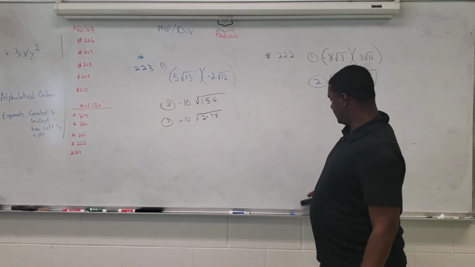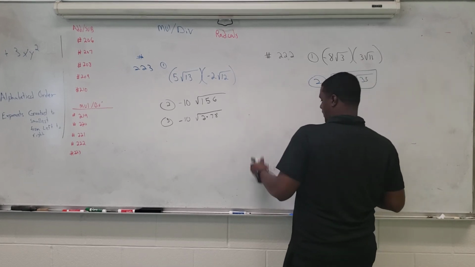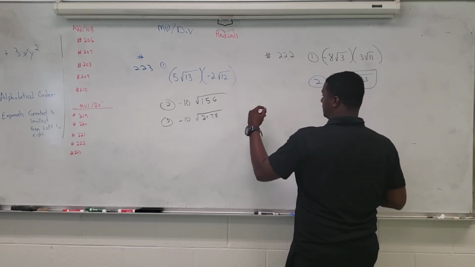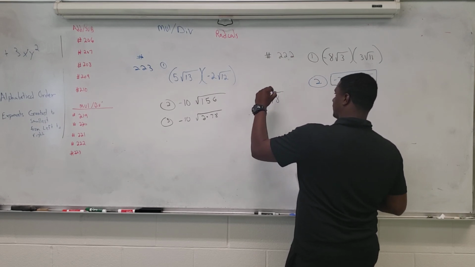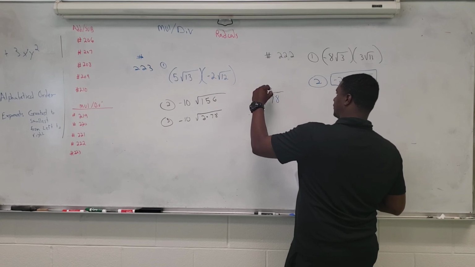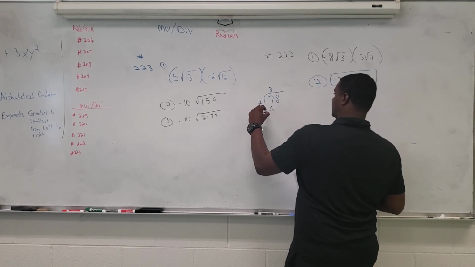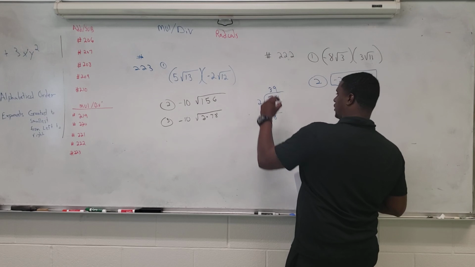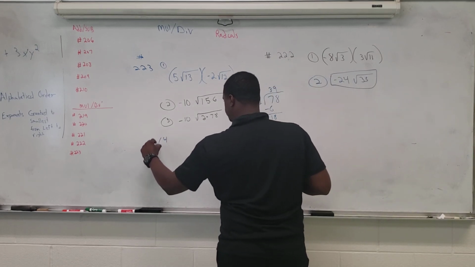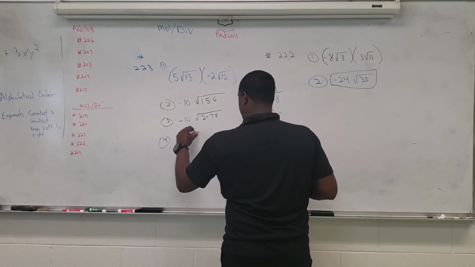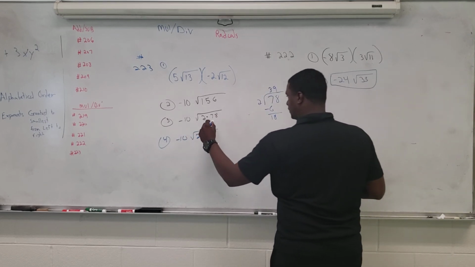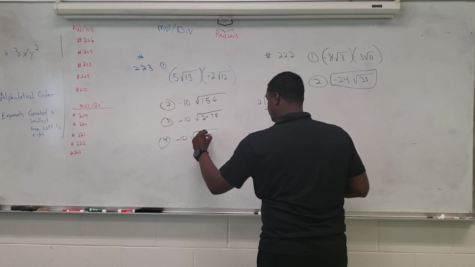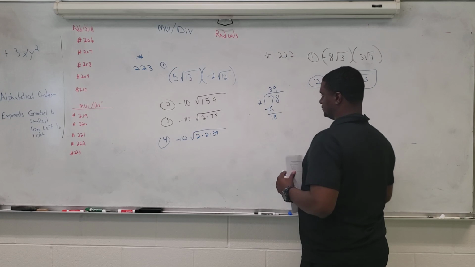Again, I know 78 is an even number, so I'm gonna keep on dividing by 2 until I get some pairs. So that's 39. The factors of this are 2 times 39, right?